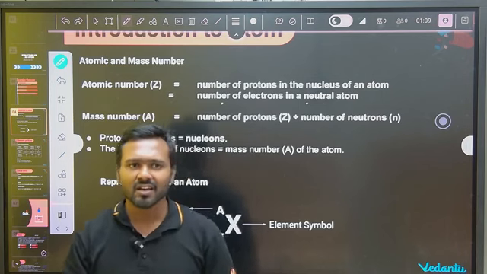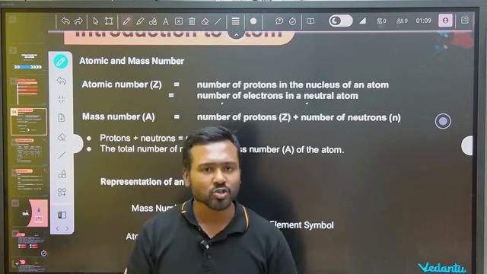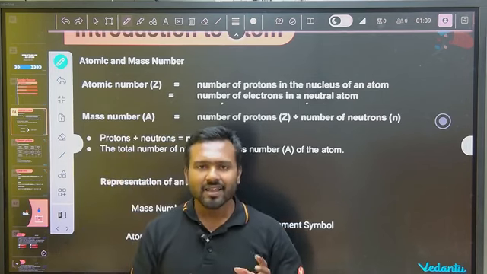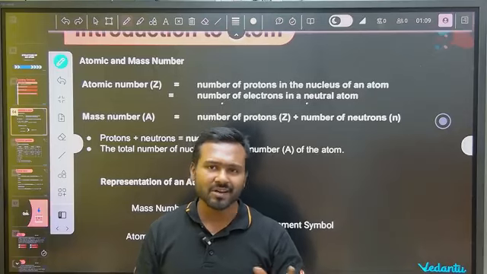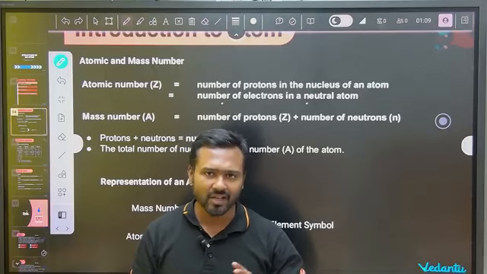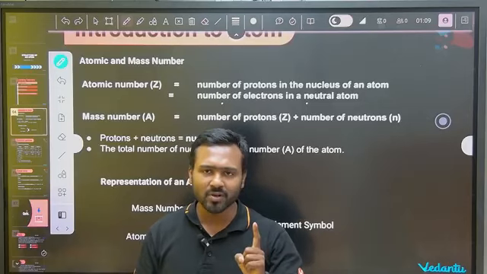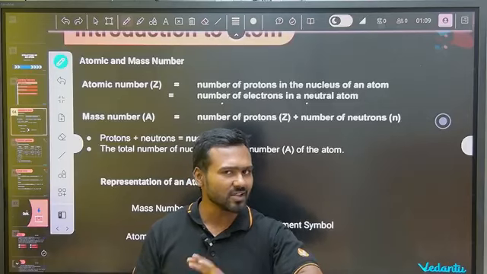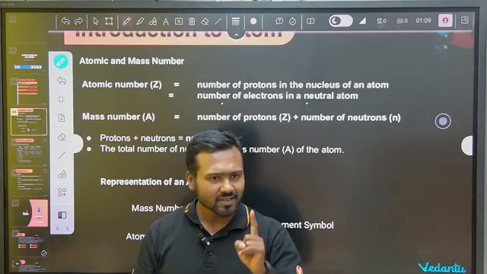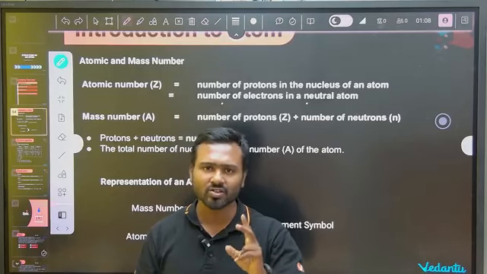If you take isotopes, the elements have the same atomic number but different mass number. Take hydrogen: protium, deuterium, tritium. Protium has one proton and one electron, with no neutron. Deuterium has one proton, one neutron and one electron.